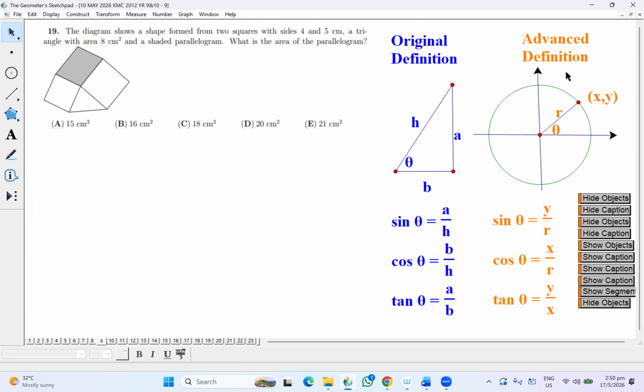This is a very clever definition. Actually, I tested artificial intelligence, I think ChatGPT. I asked it to give some reasons why they changed the definition from the original to the advanced one. It gave quite a lot of properties, applications here and there. Then I said, isn't the most important that the definition has periodic properties?